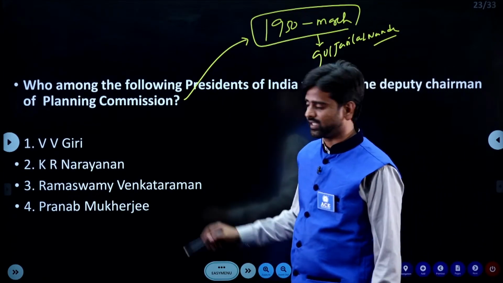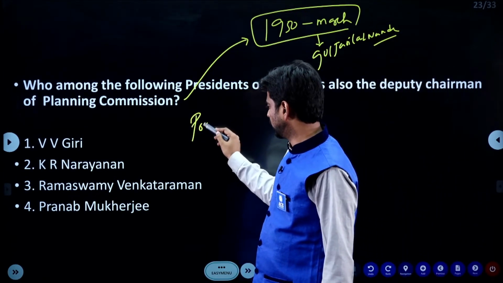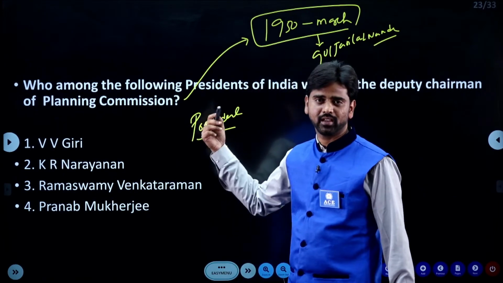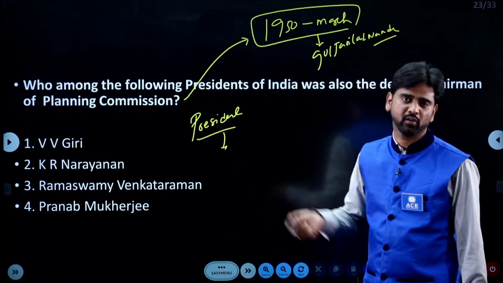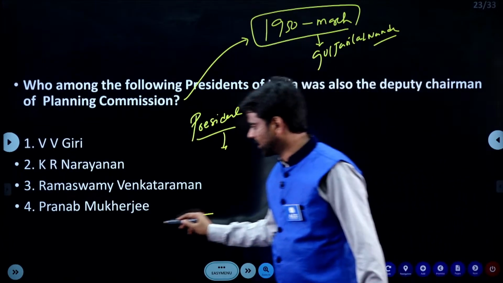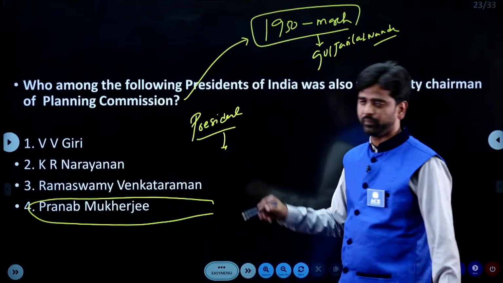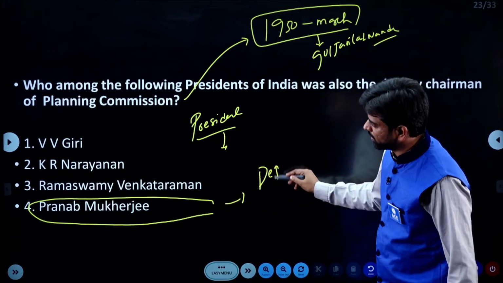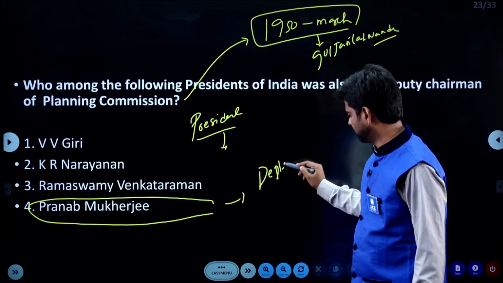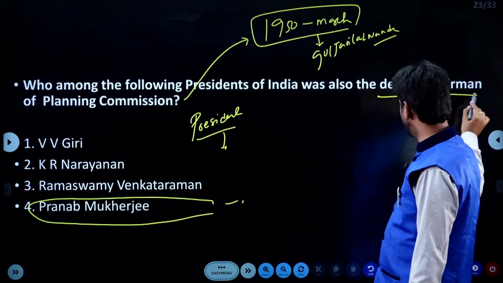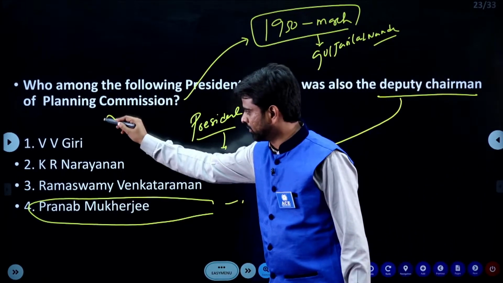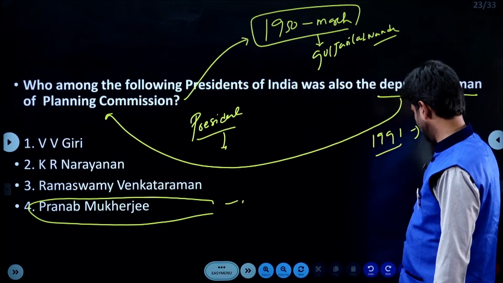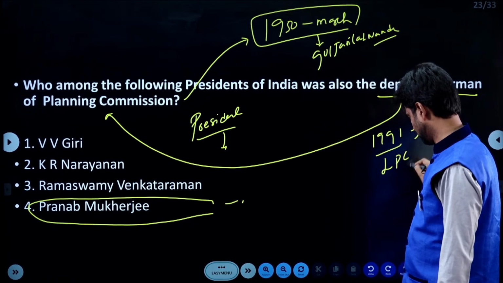And now he is asking about the President of India. So obviously the President of India who was also the deputy chairman of Planning Commission is none other than Pranab Mukherjee. He was the deputy chairman of the Planning Commission during 1991 July, that is during the LPG reforms.